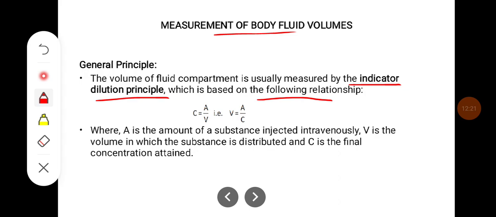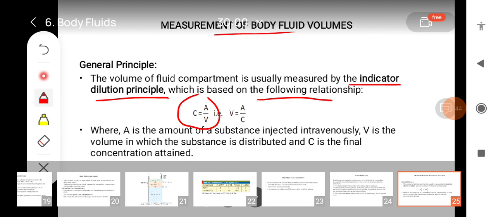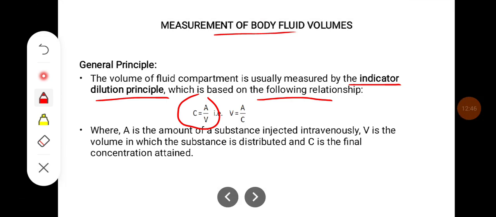The concentration of any substance is given by C equals A divided by V, where A is the amount of dye injected intravenously, V is the volume in which the substance is distributed, and C is the final concentration.